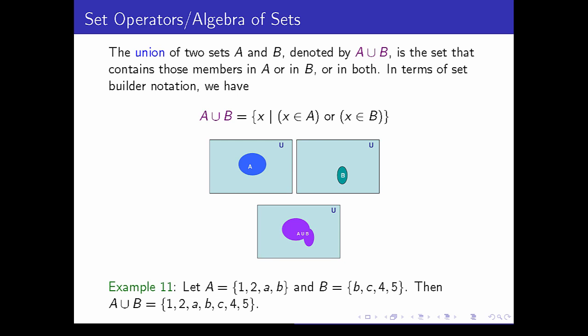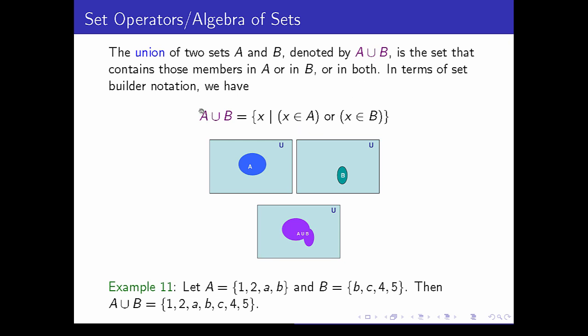The union of sets is defined to be the set containing all of the members in both sets A and B. A member can be from set A, from set B, or sometimes A and B share the same members, and then it contains those members too. So basically everything from A and B is in the union of sets A and B.